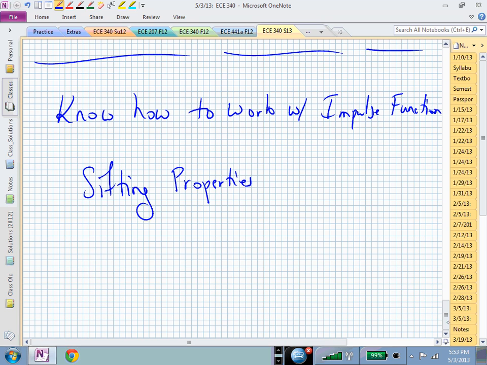For example, if I had something that was 4e to the minus 3t delta of t minus 2, what is that actually equivalent to? It's only going to be active when the argument of that impulse is on. The impulse is only going to be on when t minus 2 is equal to 0, or when t is equal to 2. So you could rewrite this as evaluating that at time t equal 2.